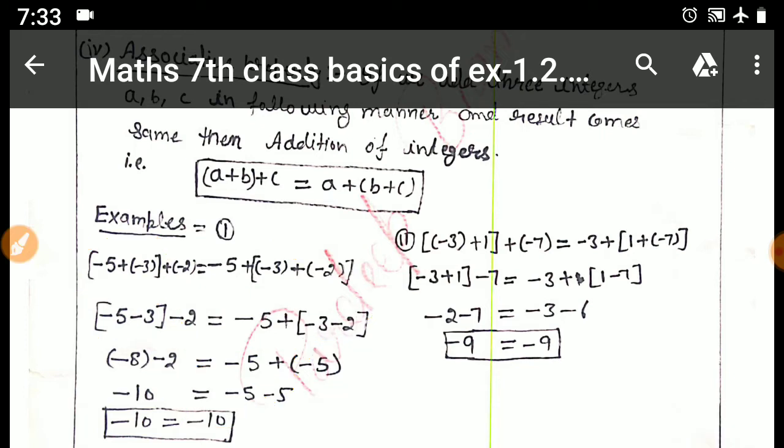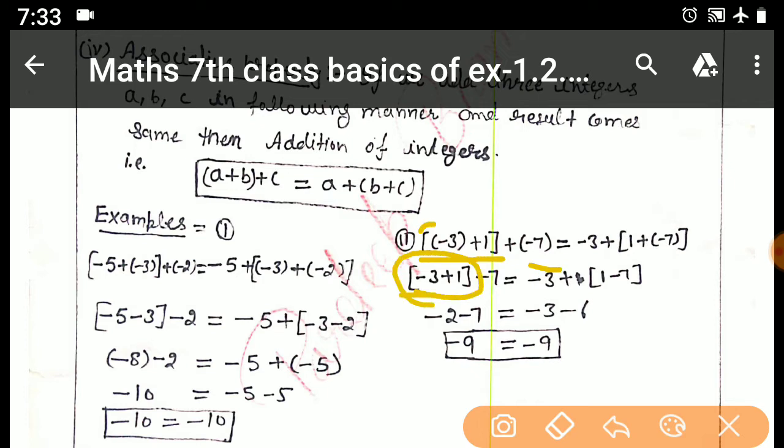Okay, and the next example is, if we are adding minus 3 plus 1 and plus minus 7. Plus into minus 3 and plus 1: minus 3 plus 1 result is minus 2. Minus 7 as it is, minus 7 and minus 2 give us minus 9. Okay, and on the right hand side, minus 3 plus into 1 plus minus 7.